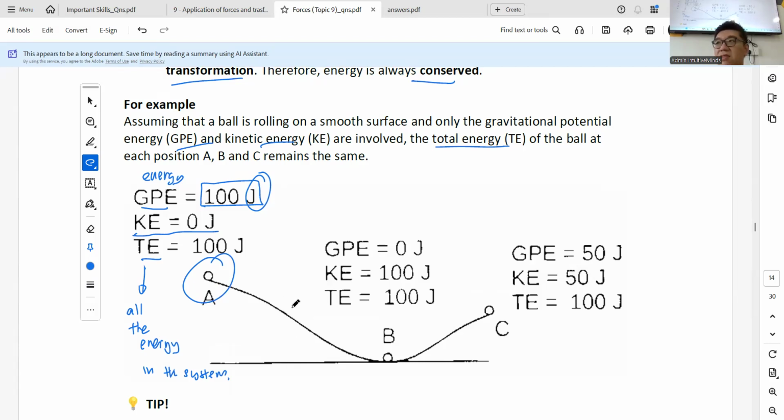Now you roll down all the way to the bottom. Do you have any more GPE? No. Then what should your KE be? 100. So all GPE converted to KE.